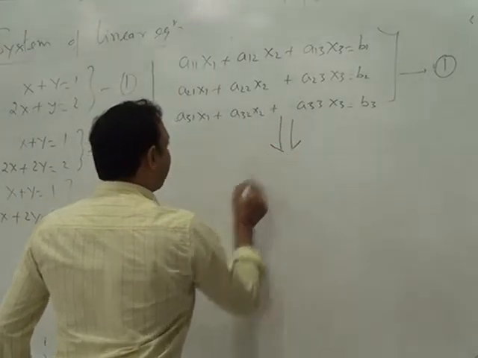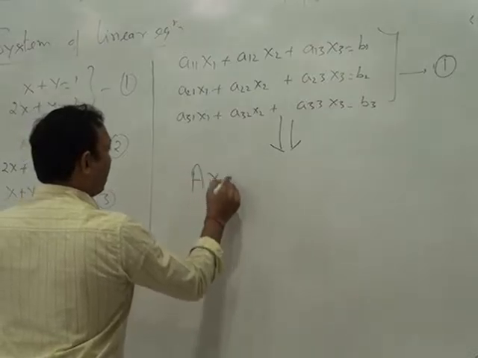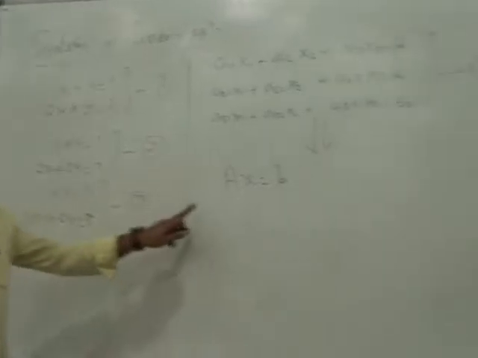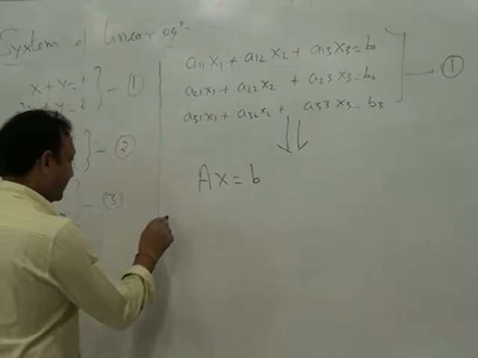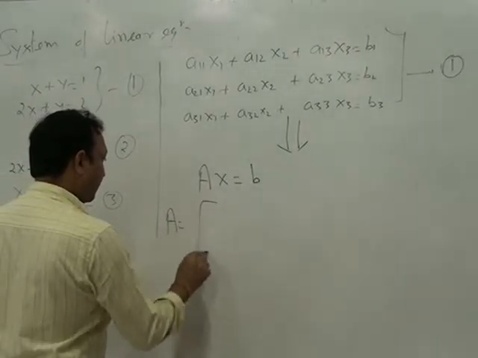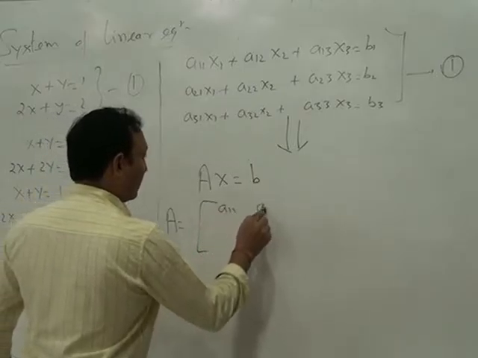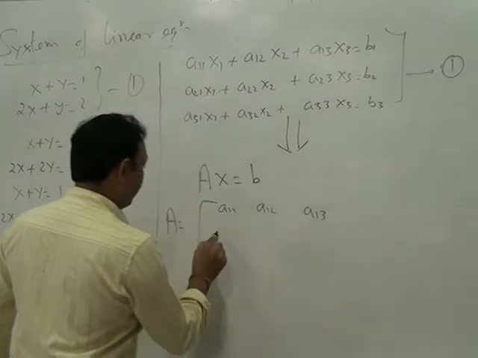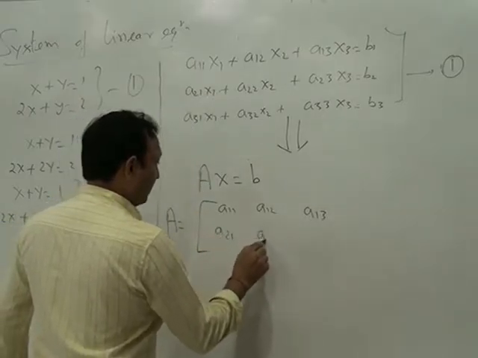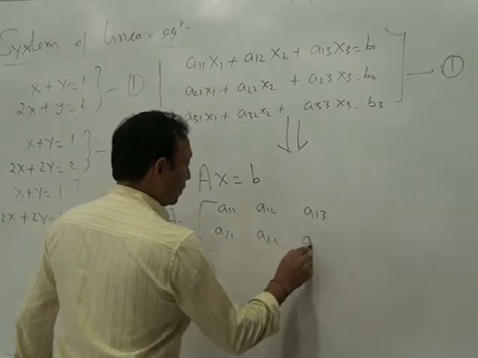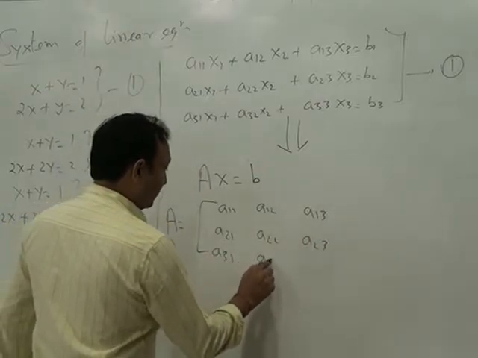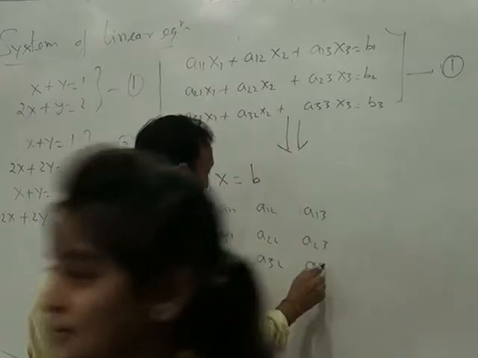This can be written simply in Ax equal to b form. Correct? What is my A here? It is the coefficient matrix: a11, a12, a13, a21, a22, a23, a31, a32, a33.